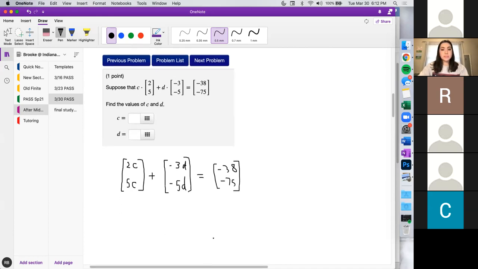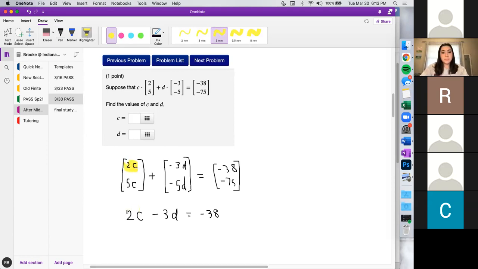All right, our next step to get from the left side to the right side is just going to be matrix addition. Since they have the same dimensions, you just take each corresponding entry and add them up. So if I take 2C plus a negative 3D, that has to equal negative 38. See where that's coming from?